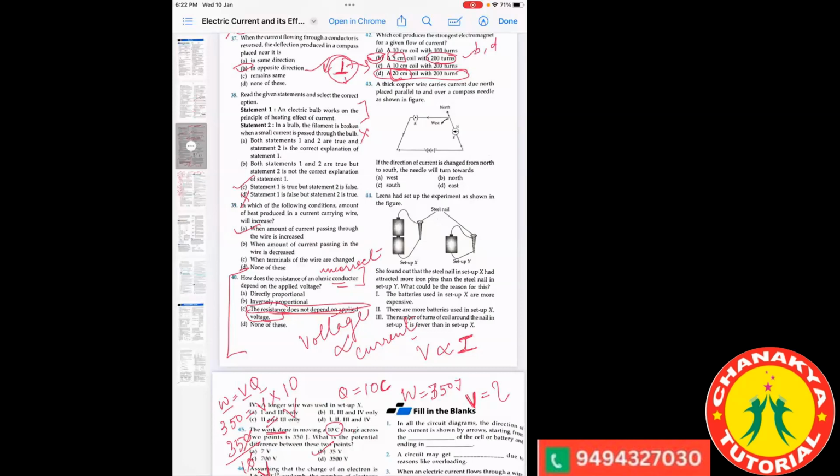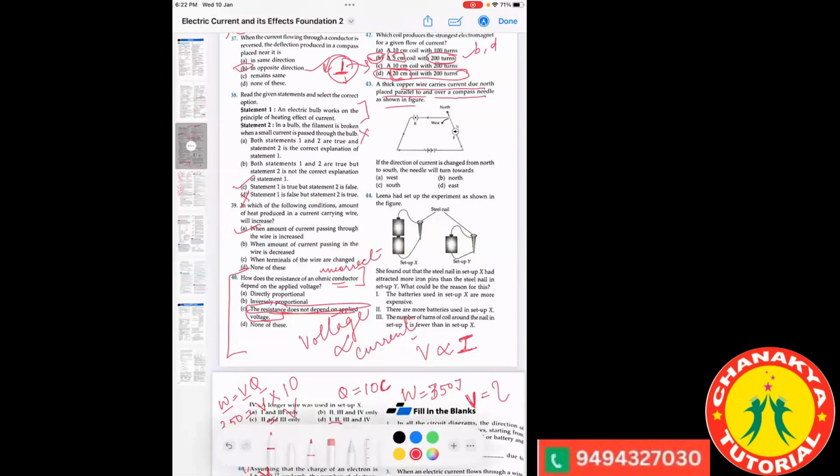No. So what I have said is, a thick copper wire carries current due north placed parallel to and over a compass needle as shown in the figure. They have placed it in the north direction.